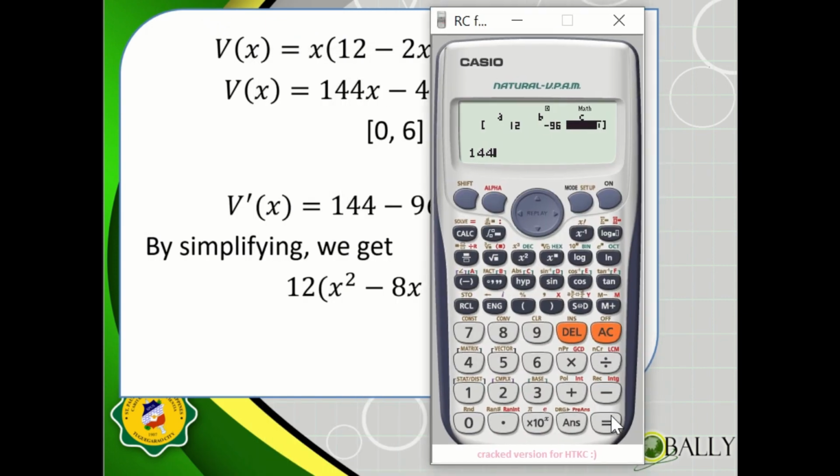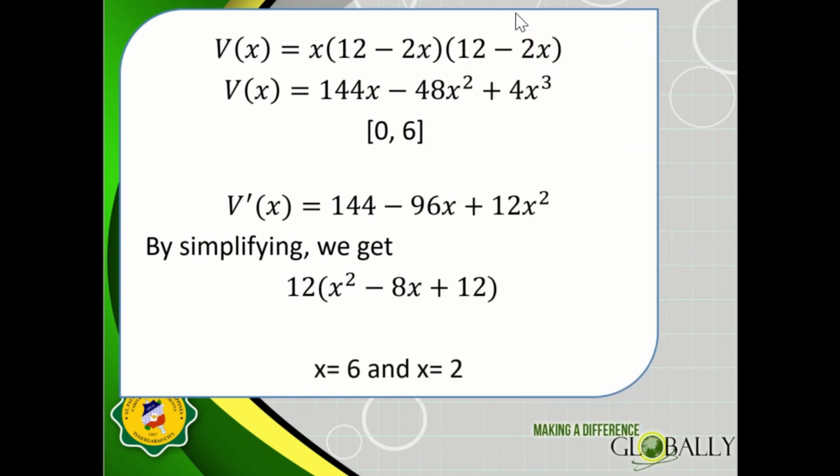Then, to find the values of x, just click equal sign. Our first value of x is 6, and then the value of x again is 2. Therefore, the values of x are 6 and 2, and both of them are in the closed interval of 0 and 6.